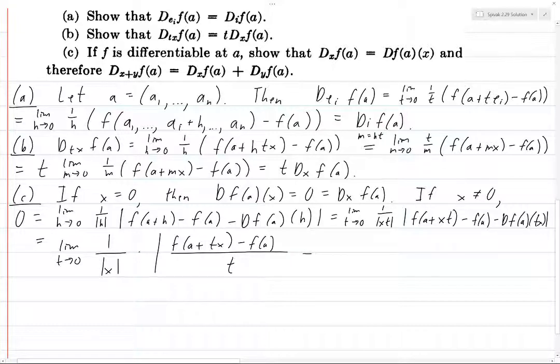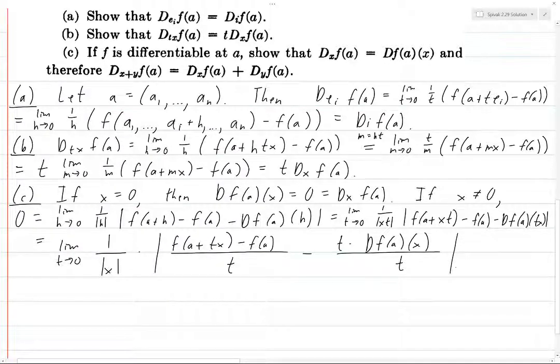So now what we have is df of a at tx. And remember, df a is a linear transformation. It's literally a matrix. So if you have this constant t being multiplied by x, you can bring that out front. So we have t times df a x, and then this is going to be over t as well. Basically, I've just divided by t and then broken up that fraction.